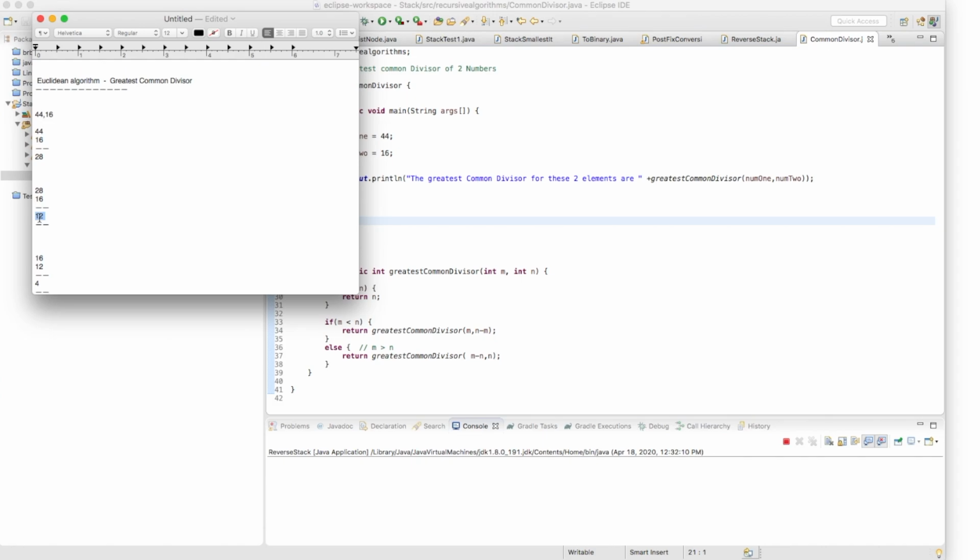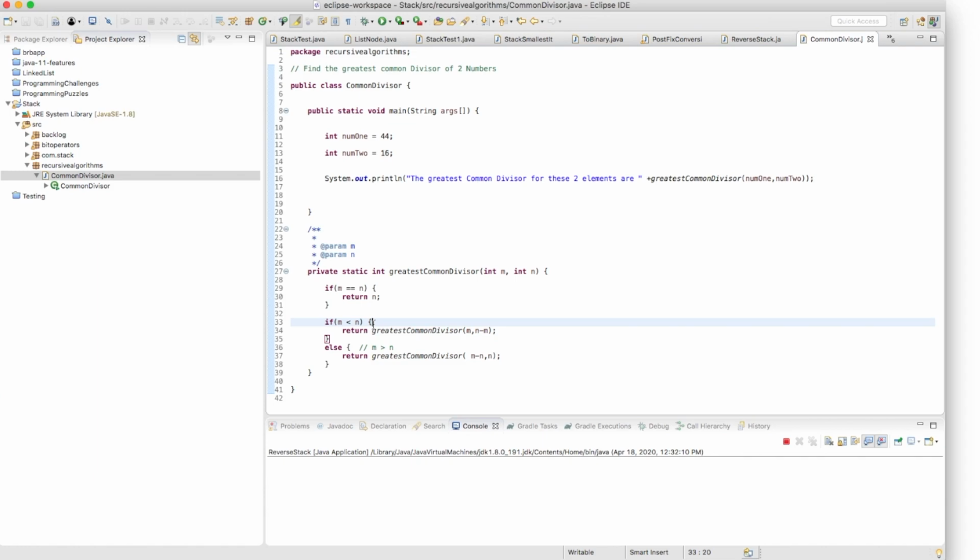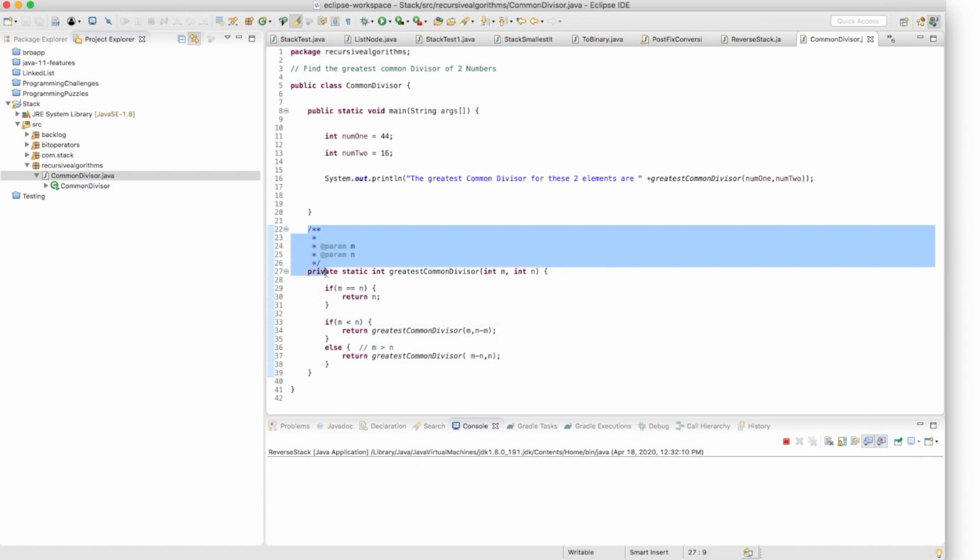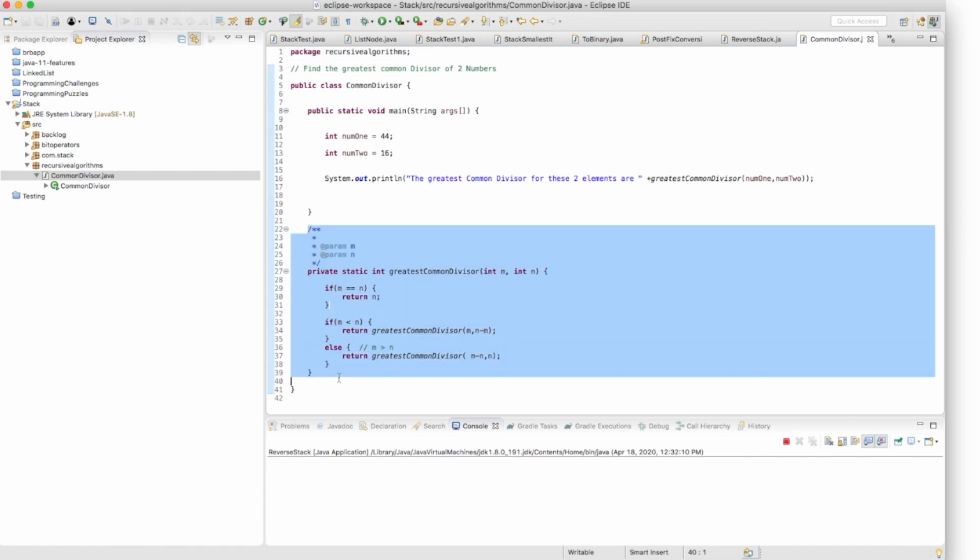But 12 is actually less than 16, right? So 16 becomes the first number and 12 becomes the second number. I subtracted 12 and 4, so it becomes 8. This is the way you can easily implement your greatest common divisor problem.